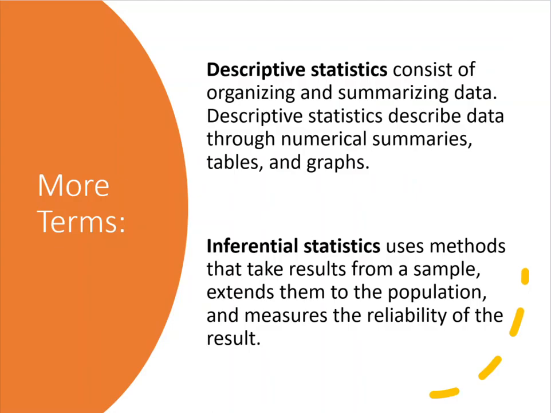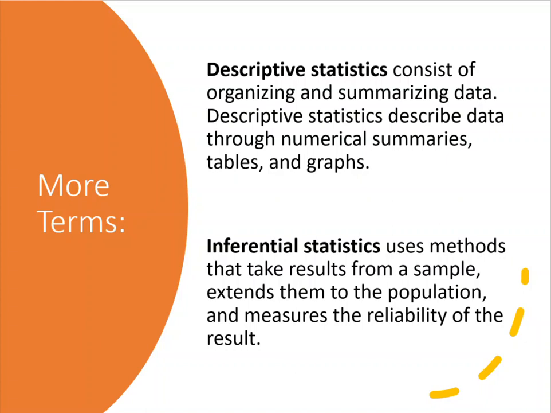And then finally, the last set of terms that I want to discuss with you are descriptive and inferential statistics. Descriptive statistics is what we're going to use to describe our data from our sample. So in other words, after I have collected my data, I need to organize it and summarize it.